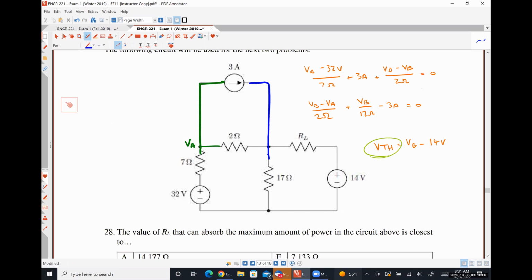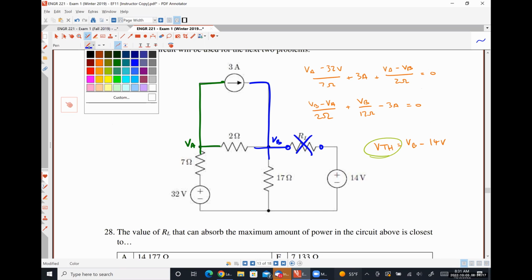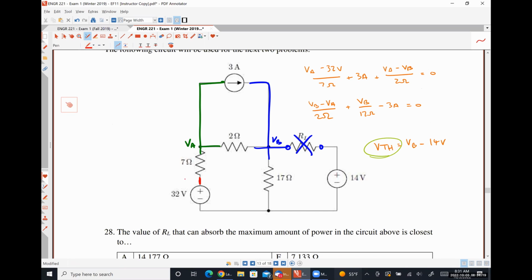And I'm calling this node B with this guy open circuited. I just want to be real clear about that. If I were doing this properly, I would be calling this node down here node C, because there is a node between that 7 ohm resistor and that 32 volt source. So my first equation is really (VA minus VC) over 7 ohms, where I know that VC is equal to positive 32 volts, because the bottommost node down here I'm considering to be my reference.